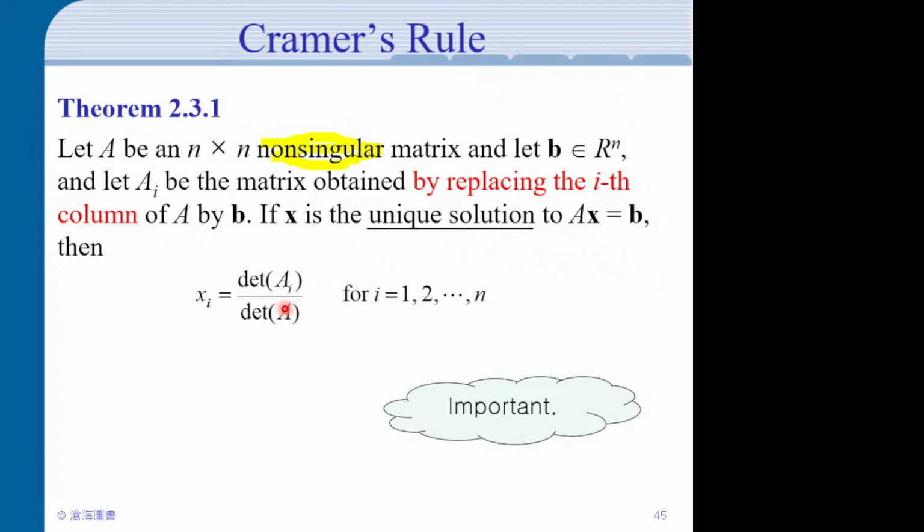And the unique solution, obviously, we can multiply by A inverse on both sides, so X equal to A inverse B. But we have a little more direct formula here. A is an n by n matrix, and B and X are n-dimensional vectors.